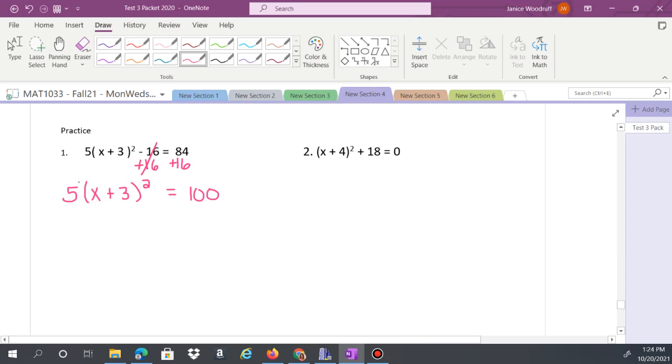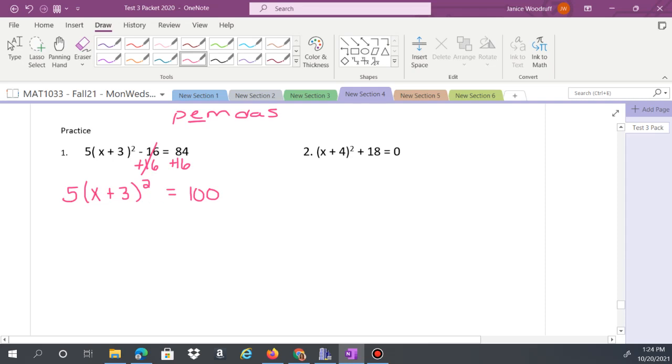You also cannot distribute this because order of operations means I would have to do the exponent first. If I did this exponent and multiplied this out and then distributed the 5, that would be doing way too much work and it would make my problem 10 times harder. So we don't want to do that. We're undoing all of this, so we're working backwards.